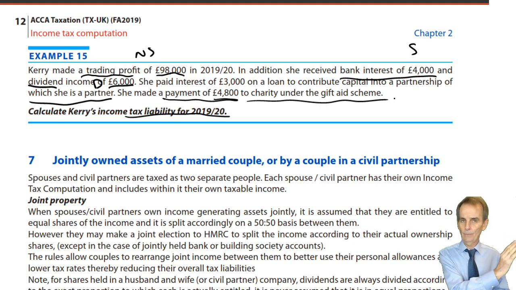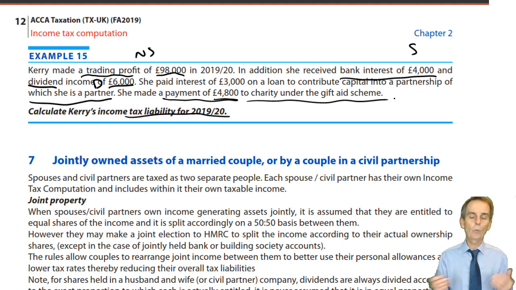So you will list out the sources of income, a normal pro forma computation: non-savings, savings, dividend, total. Put your income figures into the correct analysis columns and your total. Get your total income. Take away your qualifying loan interest payment. How do we do that? Not just from total, but what is the order for deductions? Always in that same order as your columns, the non-savings before dividend.